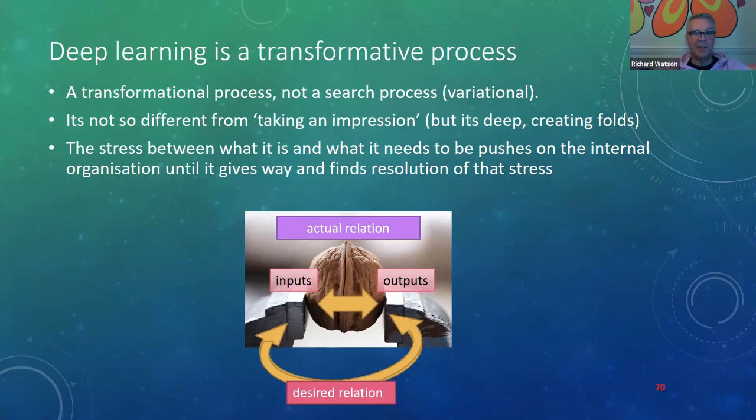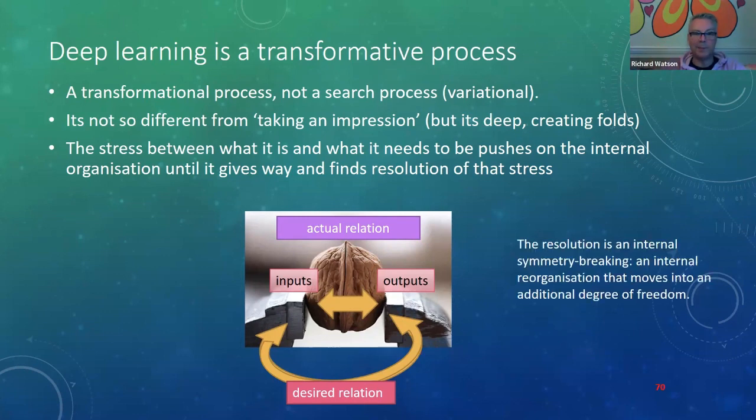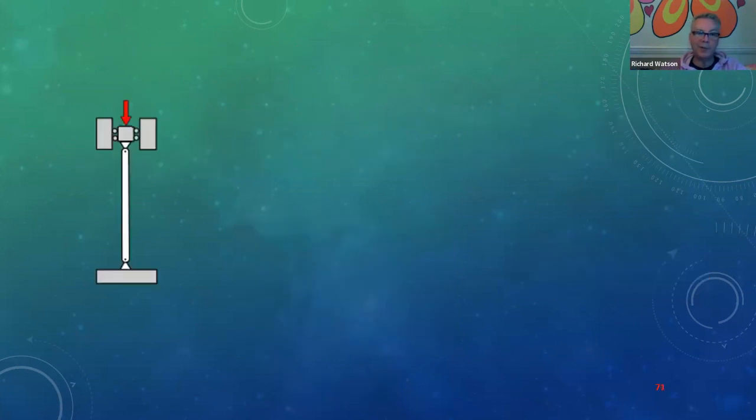That the desired relationship is pushing on the relation that's represented by the inputs-output relationship, and the actual relationship that the network represents is being deformed by the desired relationship. The resolution is an internal symmetry breaking, an internal reorganization that moves into an additional degree of freedom. Now, that moving into a new degree of freedom is just pushing on something, right?